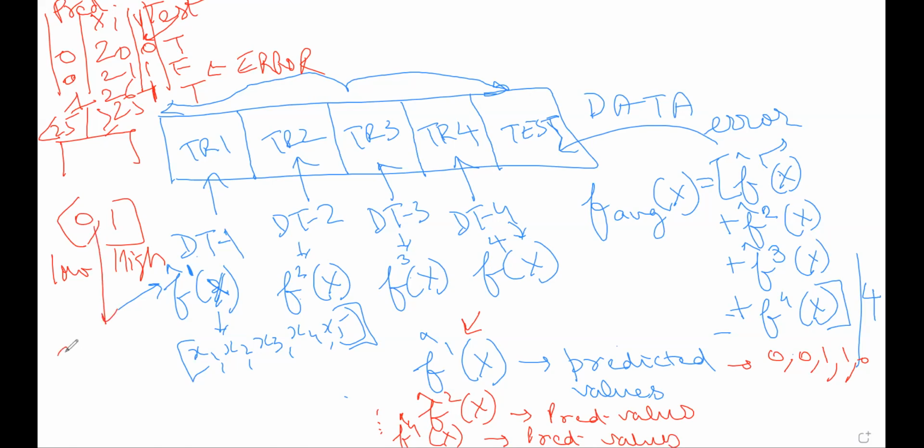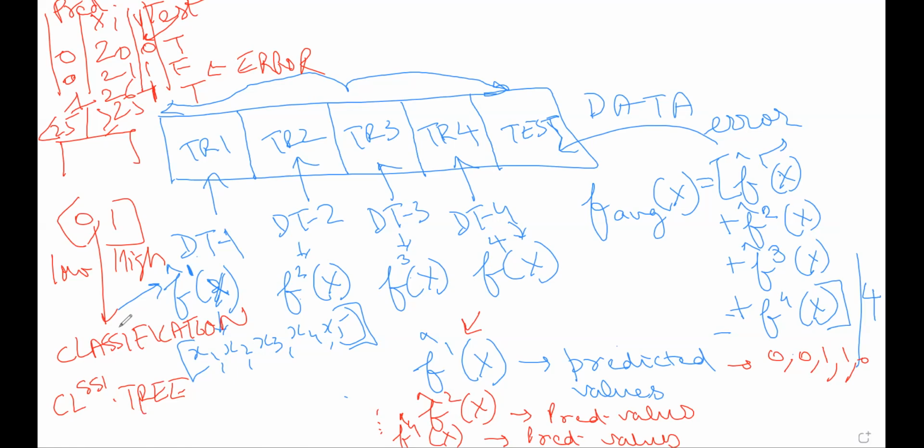This 0/1 is a classification problem because we have only two classes. So this is called a classification tree, so the dependent variable is of a categorical type.